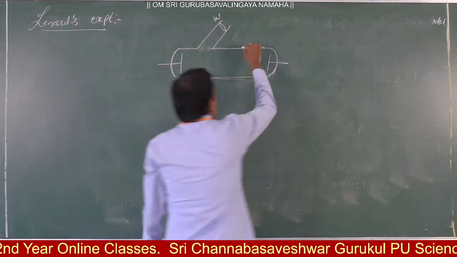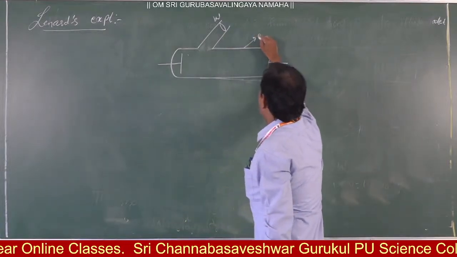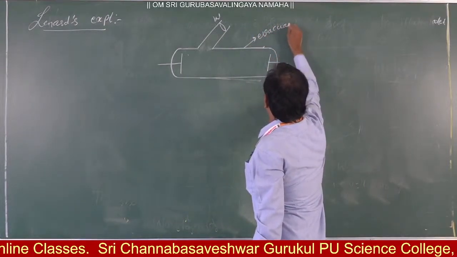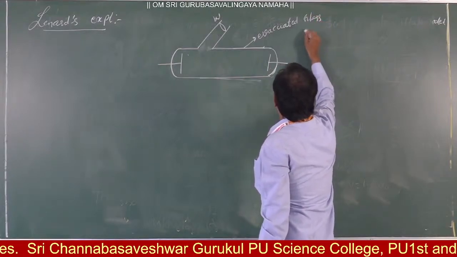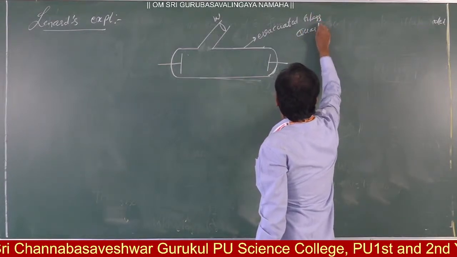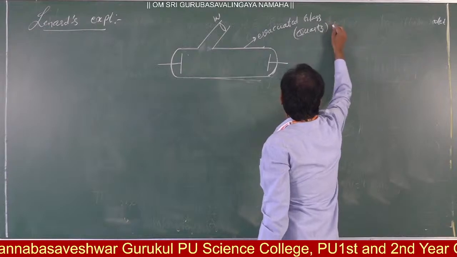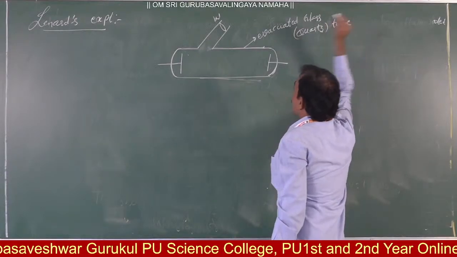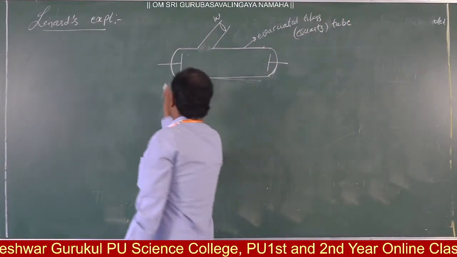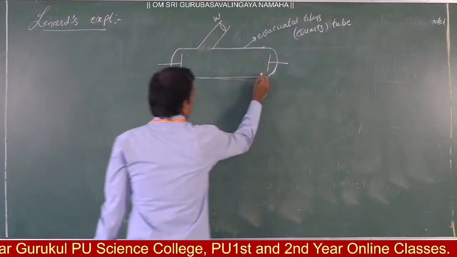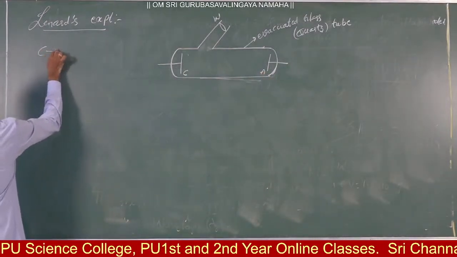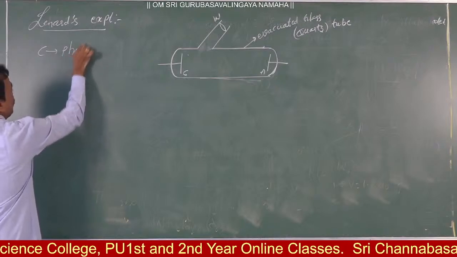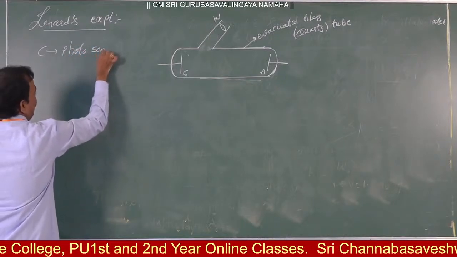So this is an evacuated glass or quartz tube. C is the cathode, a photosensitive cathode.